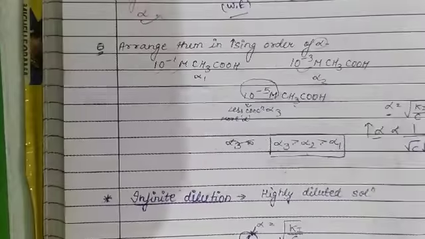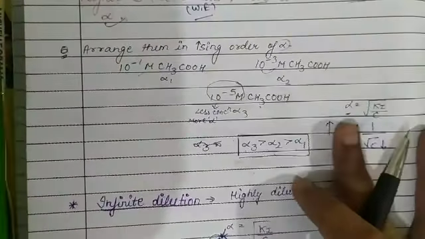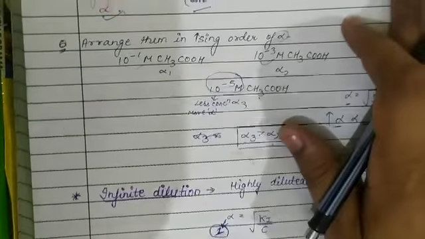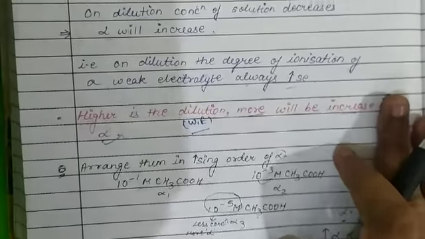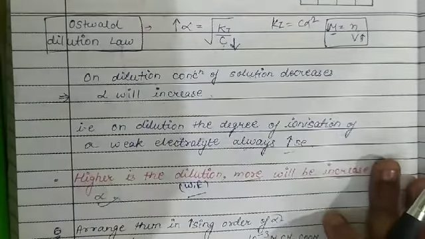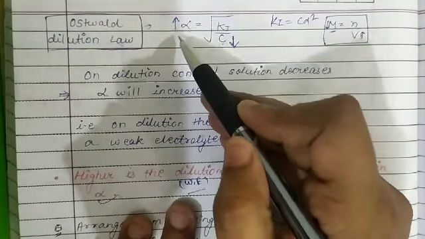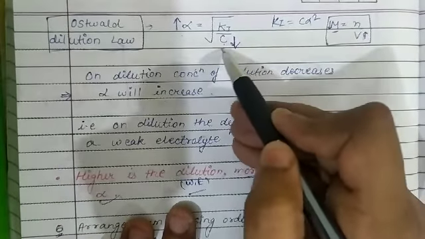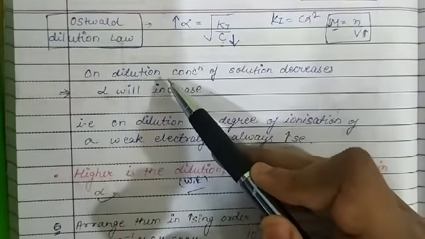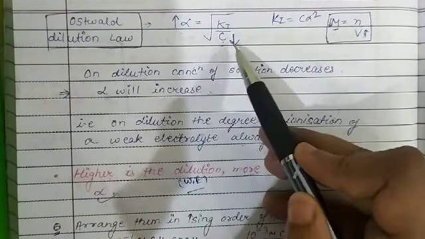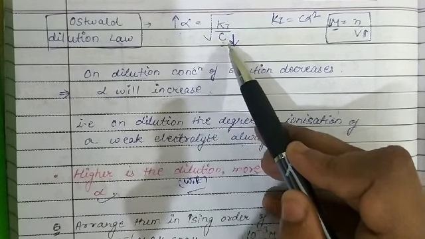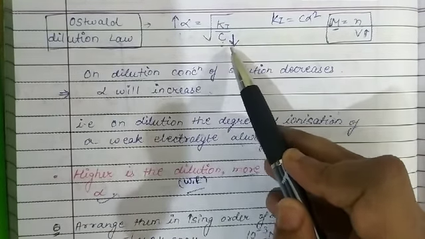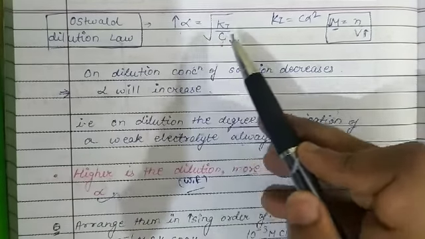See, as we have discussed the following equations in this chapter, first we will revise this one. What is Ostwald dilution law? According to Ostwald dilution law, degree of dissociation is inversely proportional to square root of concentration. So for weak electrolyte, if dilution occurs, volume increases, concentration decreases, and degree of ionization will increase.